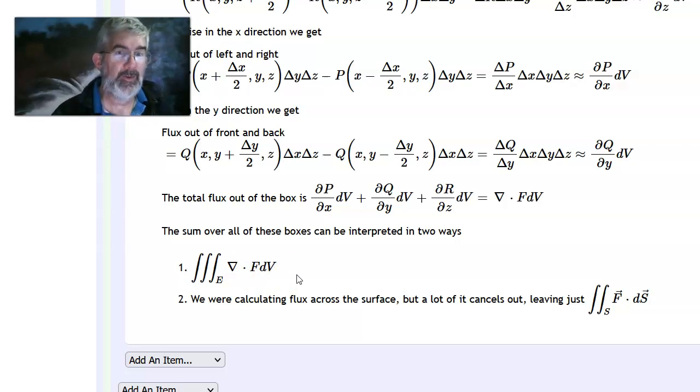But I wasn't doing a triple integral, I was doing surface integrals over the surface of each of those cubes. And so what I'm doing now is adding up all those surface integrals. But cubes on the interior will be sharing faces with other cubes. So you've got a cube here and a cube here, both sharing the same face.